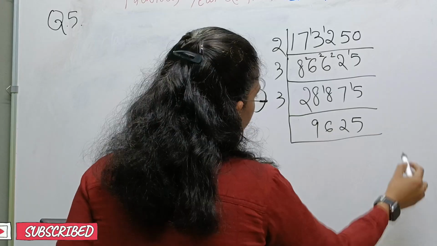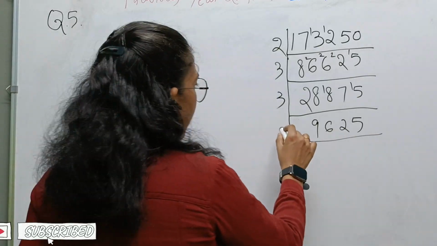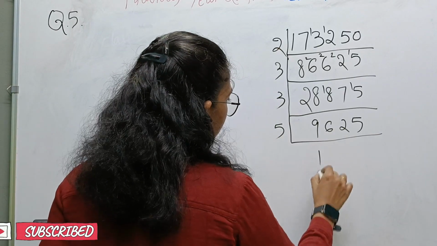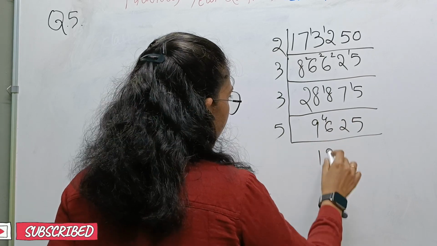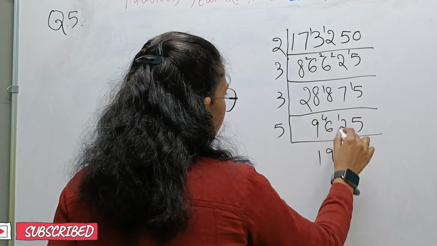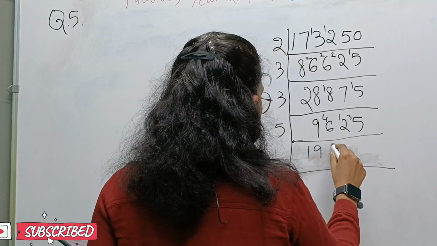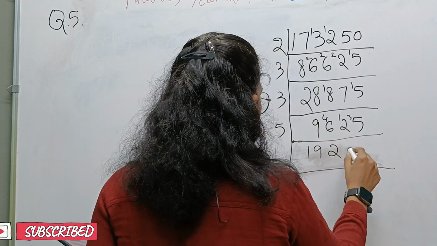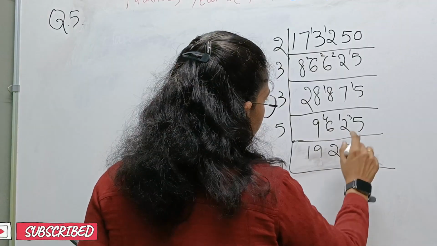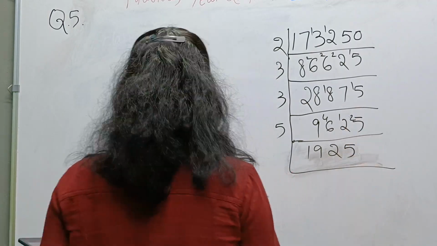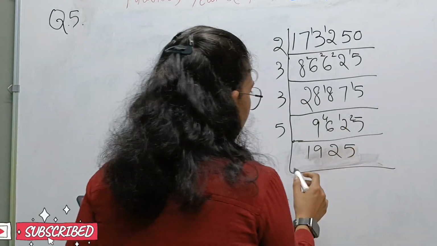Now let's divide this number by 5. 1 5 is 5, 9 5s are 45, 2 5s are 10, 5 5s are 25.